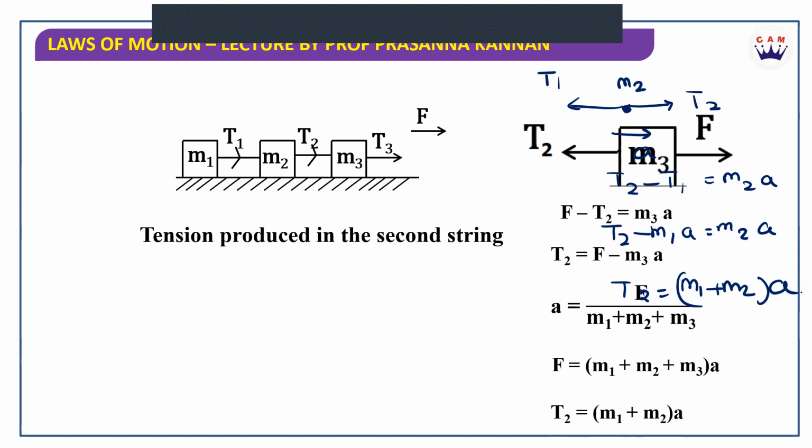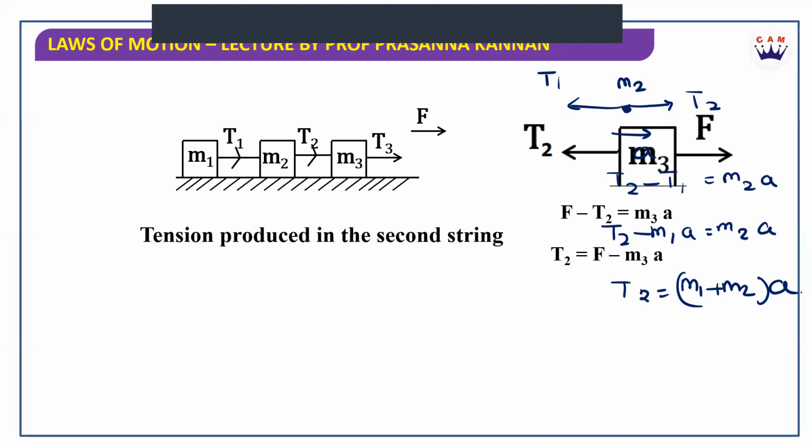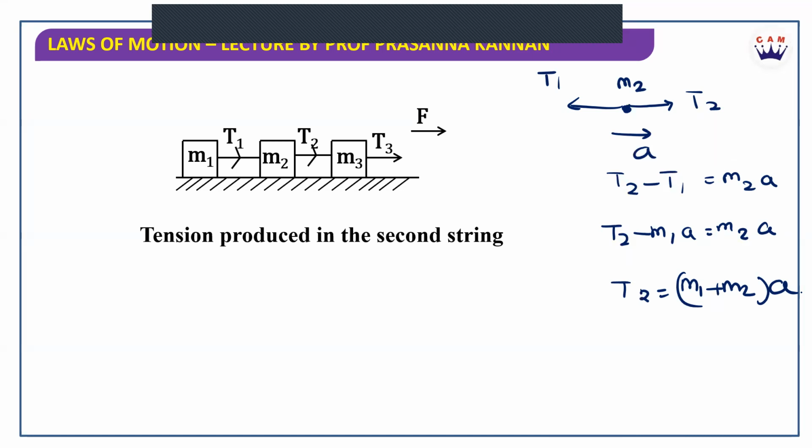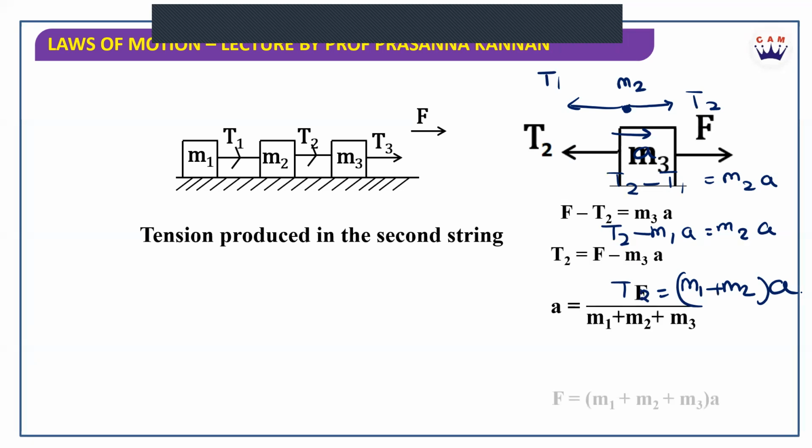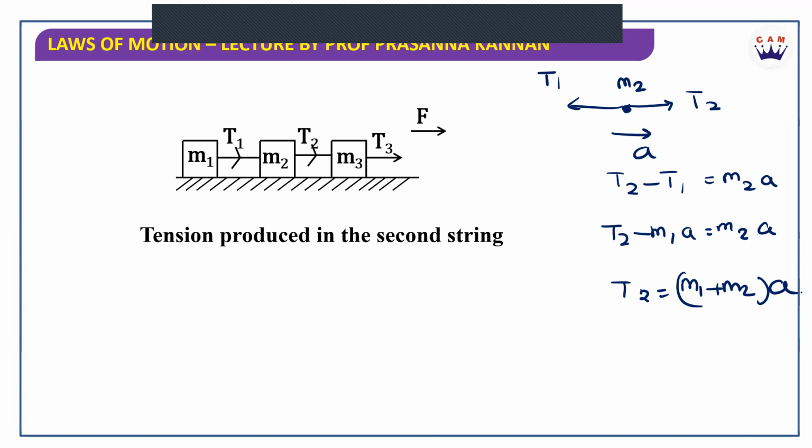M1 plus M2 into A. Here we have found it based on the second block. But in the third case, what is shown here, it has been found based on taking the free body diagram of the third one. Anything you can do. So final answer you're getting what? Same. So T2 is M1 plus M2 into A. Is that clear, students?